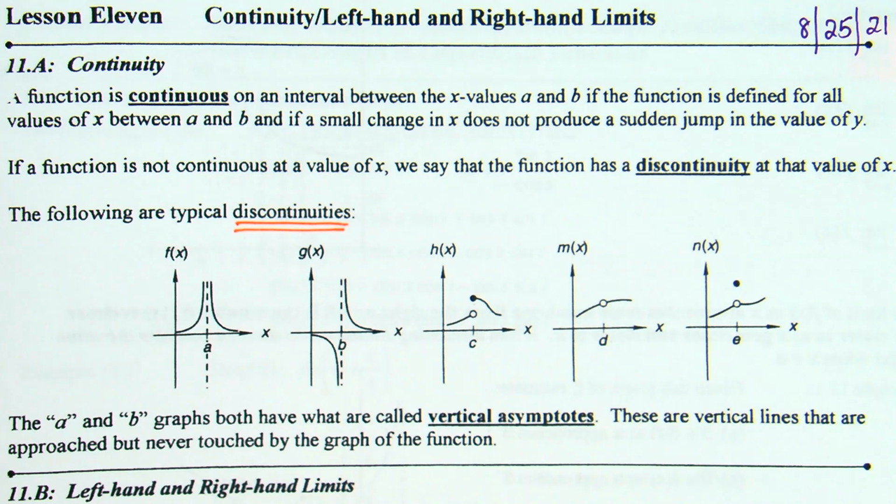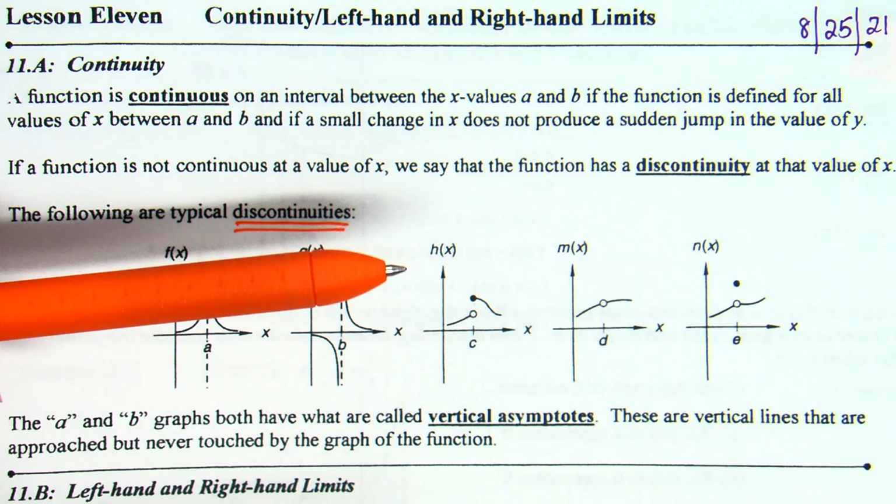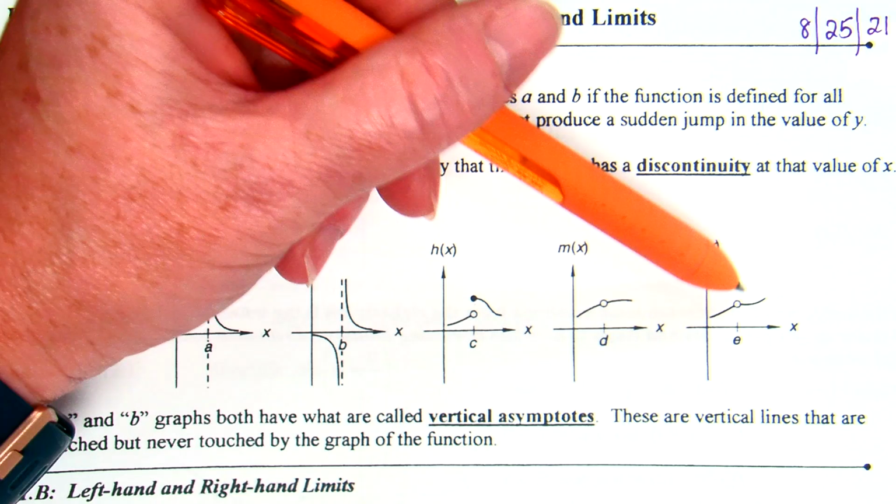C, I would have to pick my writing utensil up to continue that graph, wouldn't I? D, there's my example of a little hole. And E, there's a hole, and the graph is defined at that point, but at a different value. So again, I have to pick the pencil up. All of those are examples of discontinuities.